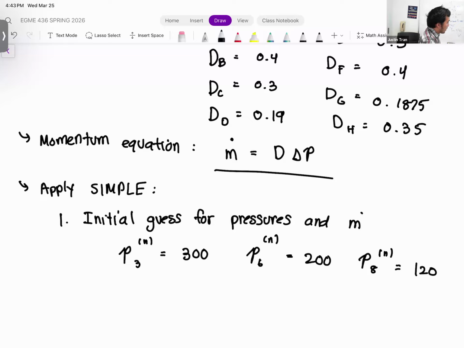So does it matter in this case what your initial guesses are? Probably not, because it's a linear problem, so you can actually start fairly far. But for this problem, we'll start with these initial guesses here.